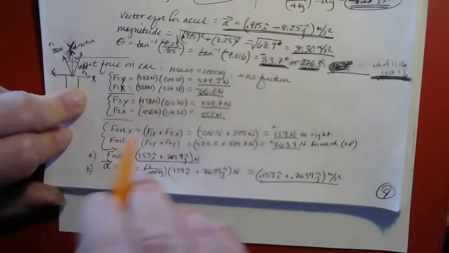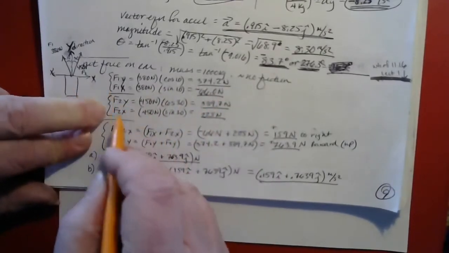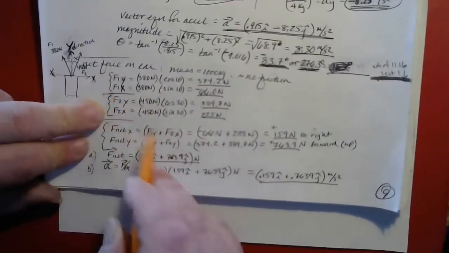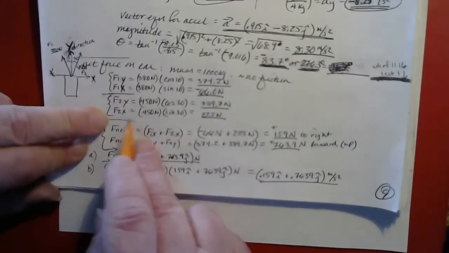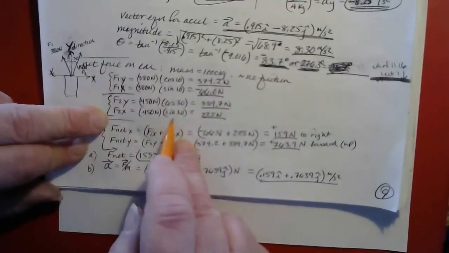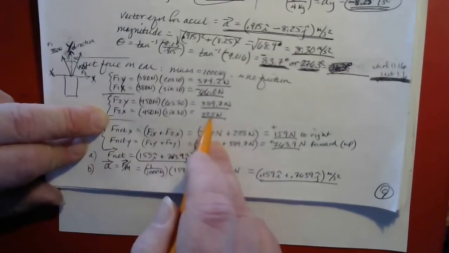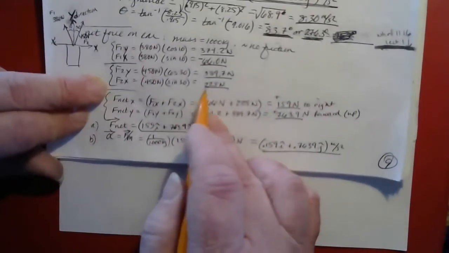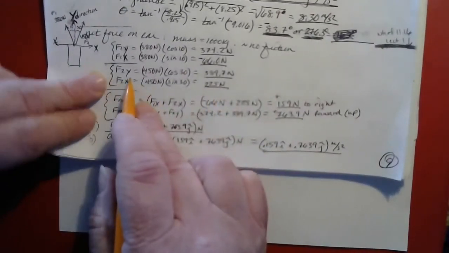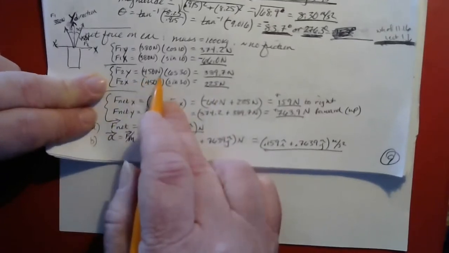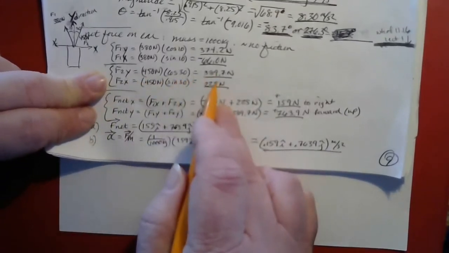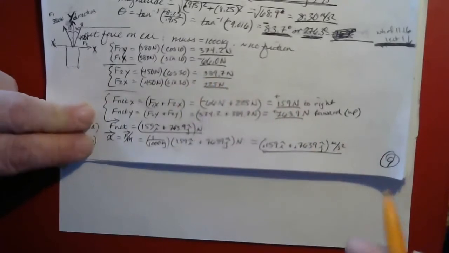So those are the components of F1. The components for F2: F2x will be 450 times sine of 30, that's 225 newtons. And the Y component of F2 will be 450 times cosine of 30, that's 389.7.